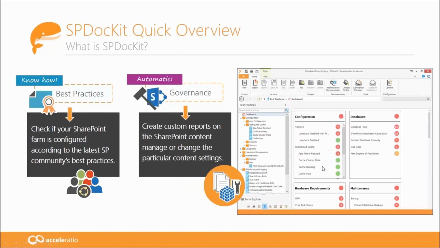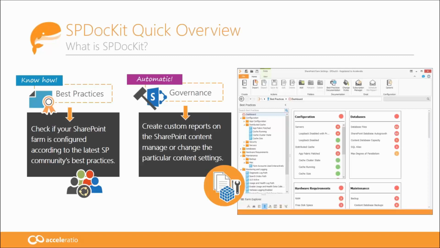As I already mentioned, when we gather all the information about your farm, especially around configuration, system settings, databases, the topology of your IIS, and the topology of your settings inside a Windows system, we can then easily analyze that and match whatever you have configured against Microsoft best practices and community best practices.